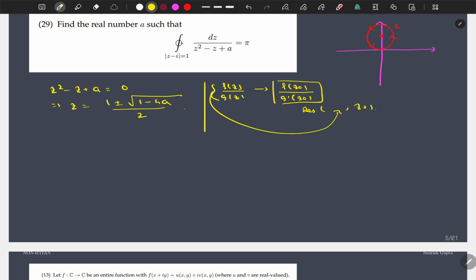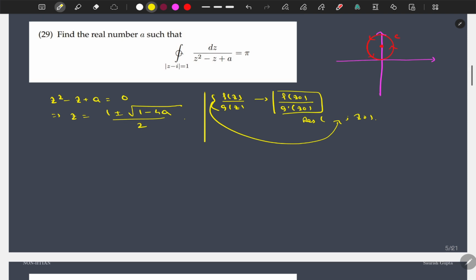Observe that if I choose this to be g(z), and here you have 1 as f(z), then on differentiating g(z) we do not have a anymore. So therefore we can think of finding the residue in that sense.